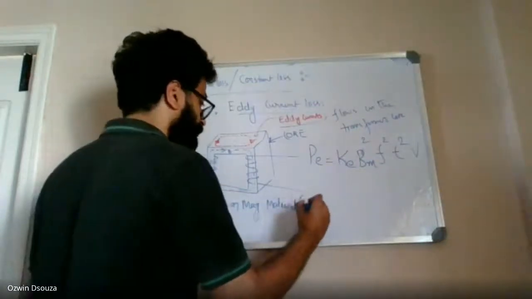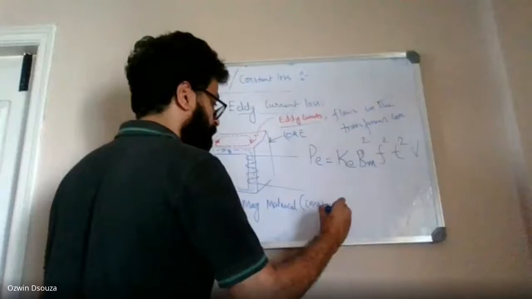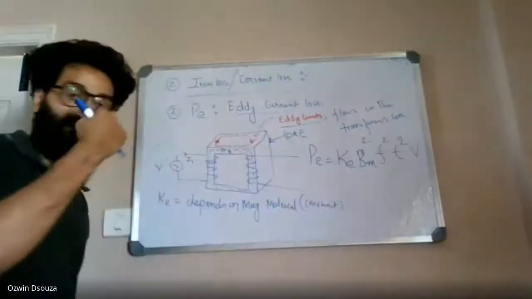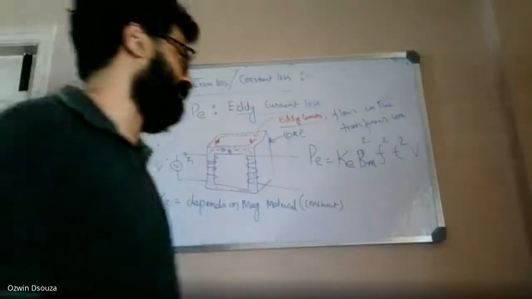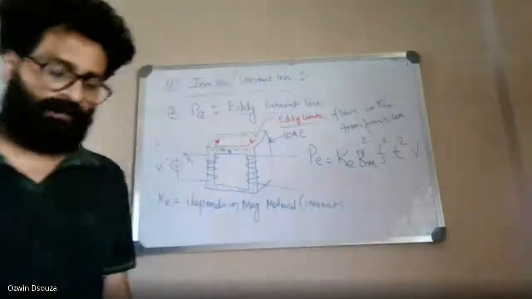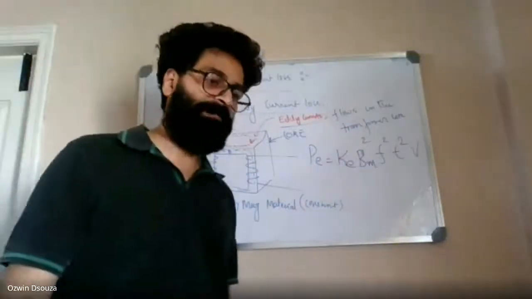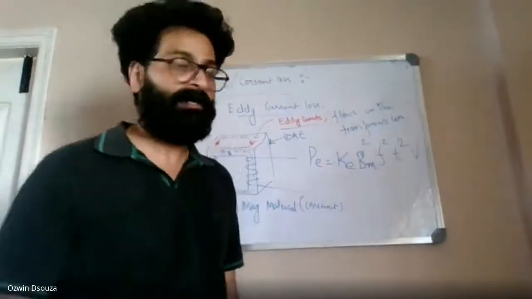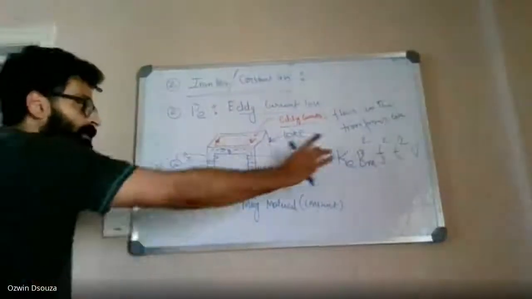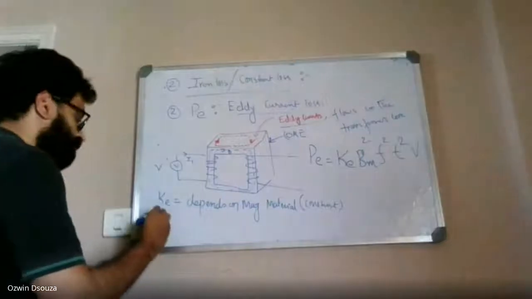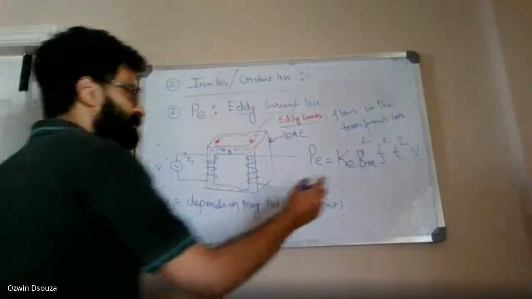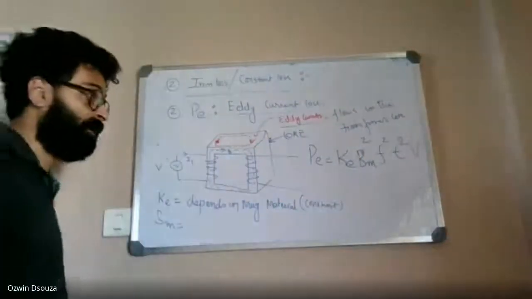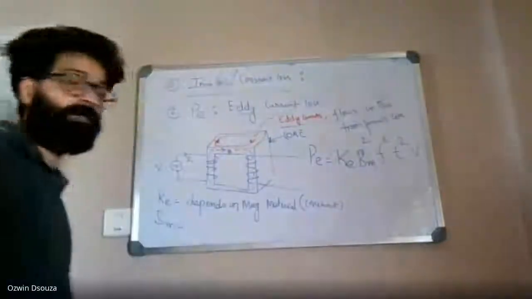Let us not worry about the value for a typical magnetic material. We can refer to the particular magnetic material and get the material data. Bm, we have already discussed, is the maximum value of flux density. F is the operating frequency.